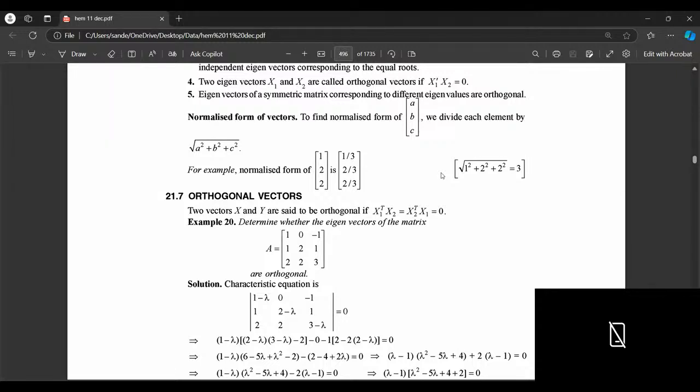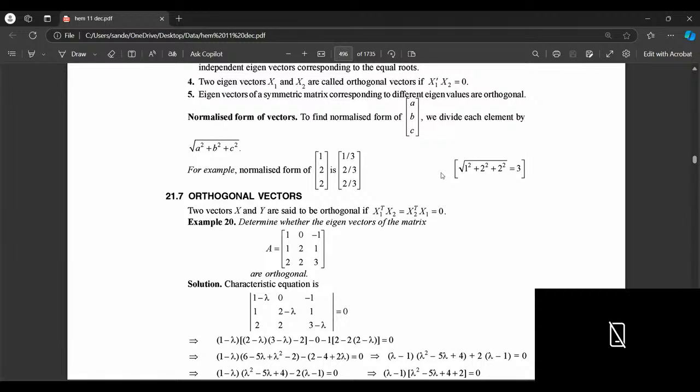So one example is here. Determine whether the eigenvectors of the matrix A are orthogonal. Here you see matrix A is given: 1 0 minus 1, 1 2 1, 2 2 3.